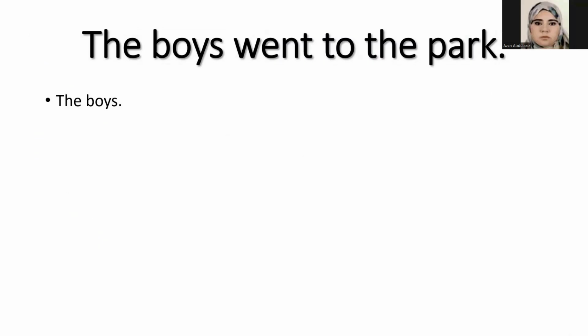And what is the predicate here in this example? It's went to the park. Again, do you know what is meant by a predicate? The predicate tells what the subject is or does. So here the predicate is went to the park.